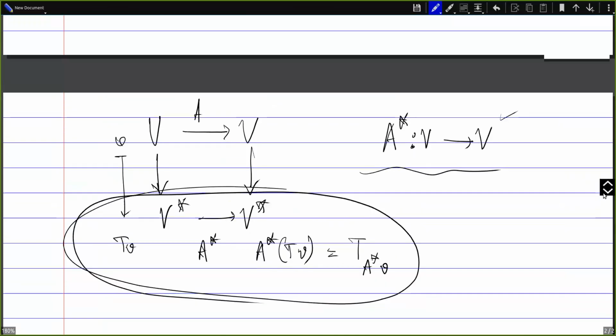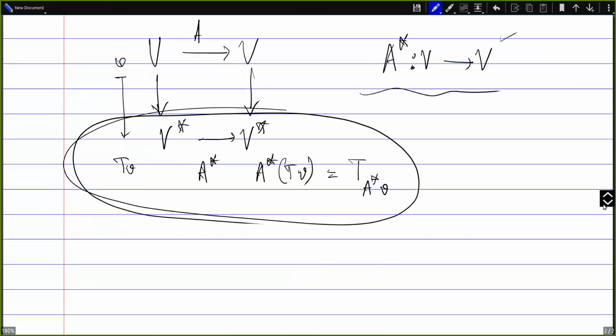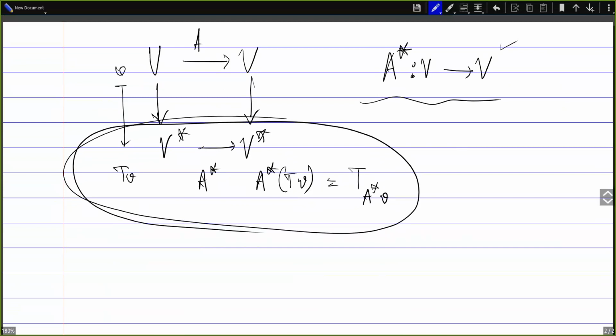Okay, so once we have an inner product, for the rest, we shall simply forget about the map at the level of the dual, and I will always regard A star as a map from V to V. I am repeating this again and again so that you focus on it: from now on, whenever we have an inner product, we are not going to bother about the map at the level of the dual.